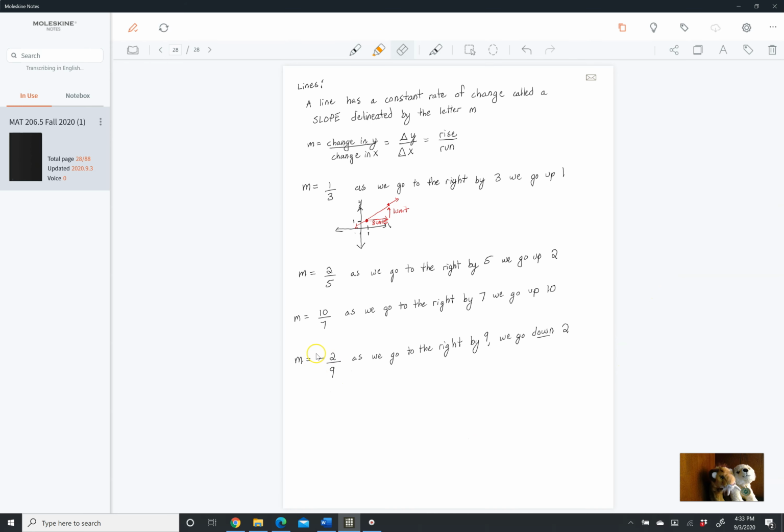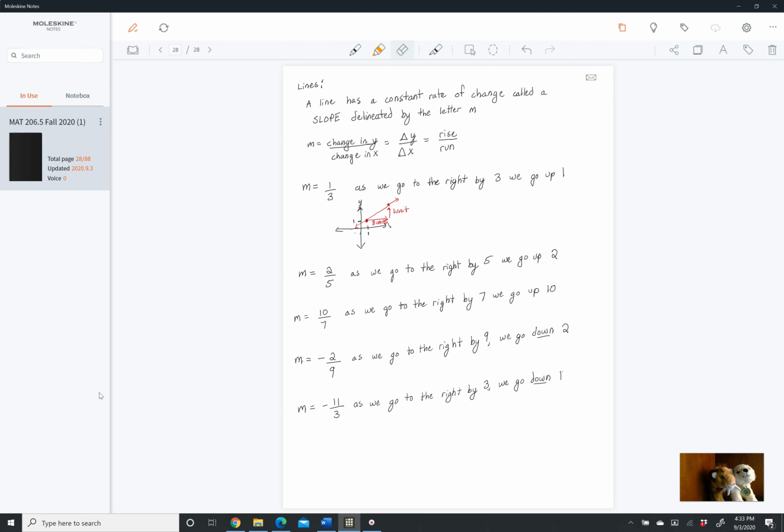We're going down now. So if we have m is equal to negative 11 over 3, this says as we go right by 3, we go down 11.